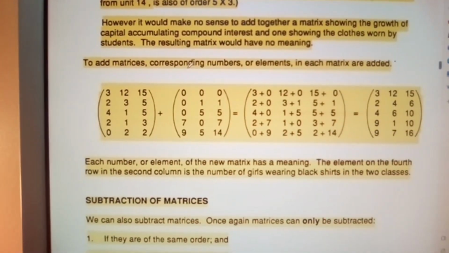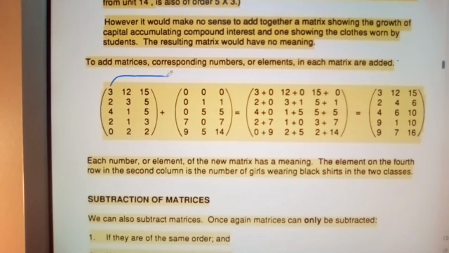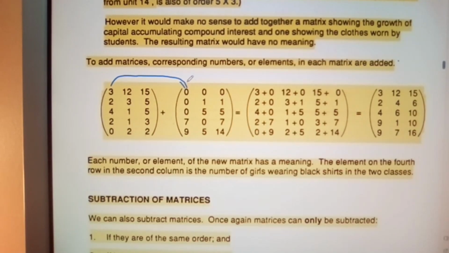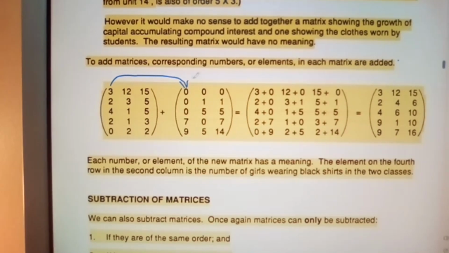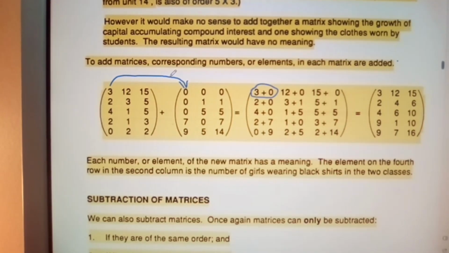So if we're adding this, what we're going to be doing here, we're going to add this to this, okay? That becomes that, then becomes that here, okay? So that there equals that.